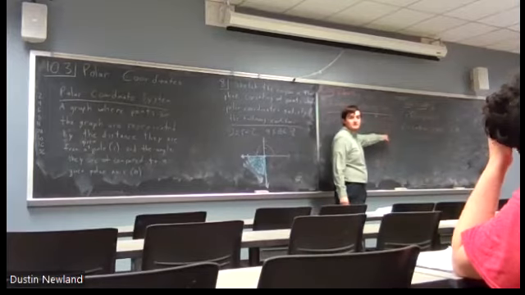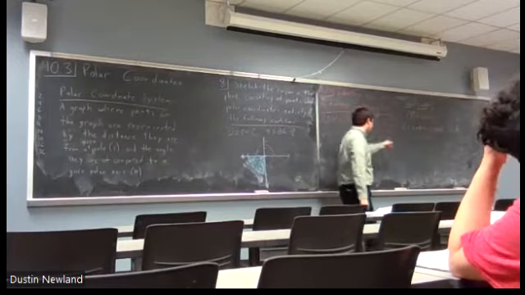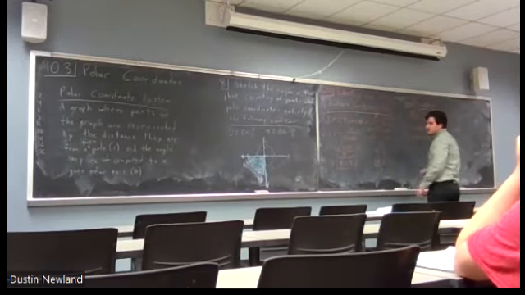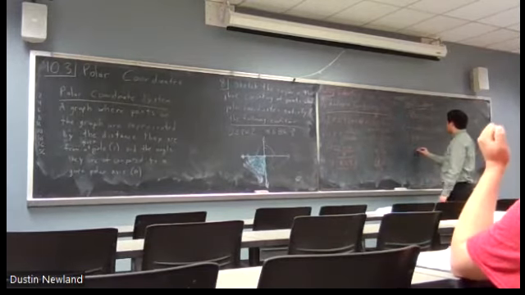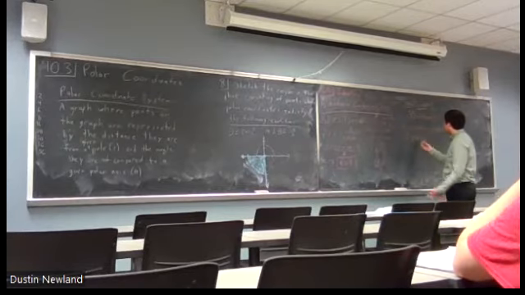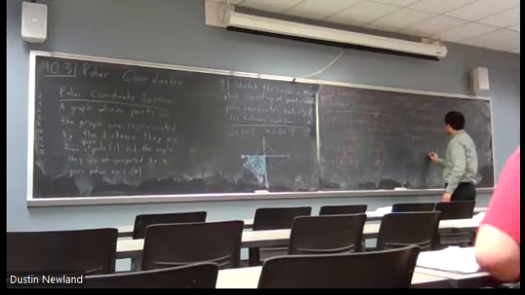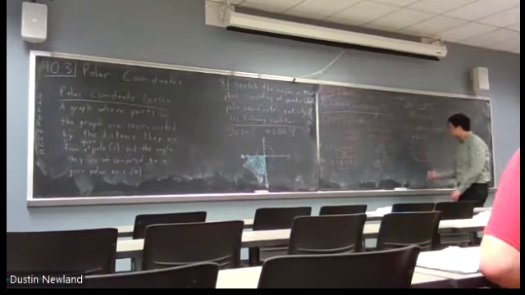So x is our r cosine theta and y is our r sine theta. So we get 2 times y times x equals 1. If I choose to solve this for y, I get y equals 1 over 2x.